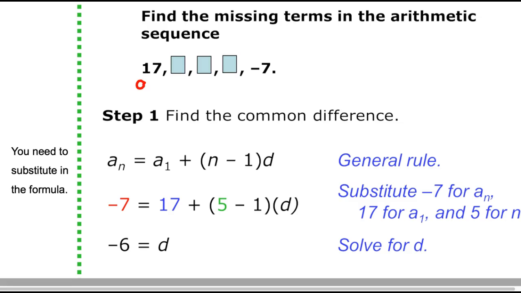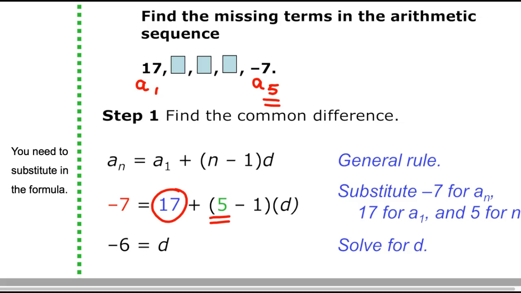So if I'm given a sub 1 and a sub 5 and I know that it is an arithmetic sequence, I should be able to solve for the common difference because I can substitute values in and have one unknown. So that's what's happening here: we're putting a sub 1 in here. There's your 17. I know that my n is 5 because this is the fifth term.